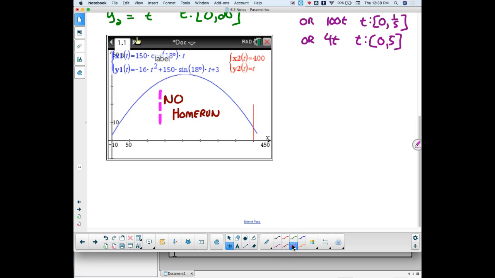The second question, the bonus question, was how high does the ball get? Well, in order to do that, I am going to have to solve this using algebra. Okay?